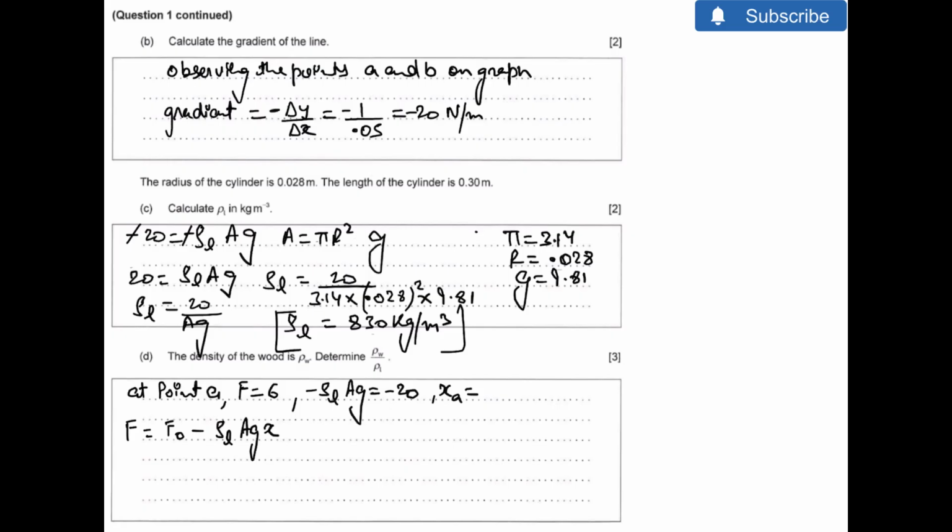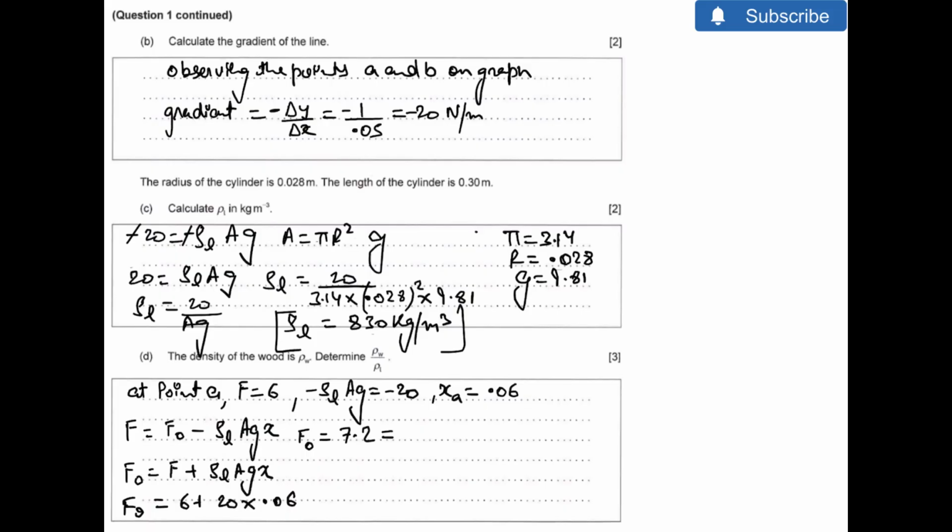So the value of F naught will be F plus rho L Ag into x. So the value of F naught will be F, which is 6, plus 20 into x, which is 0.06. So it would be 1.2. So F naught will be equal to 7.2.